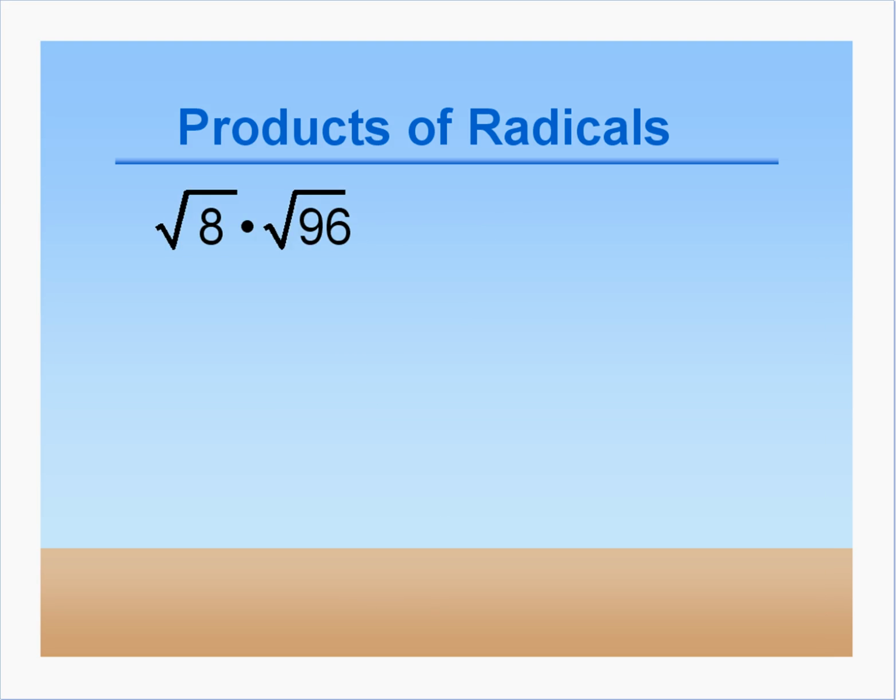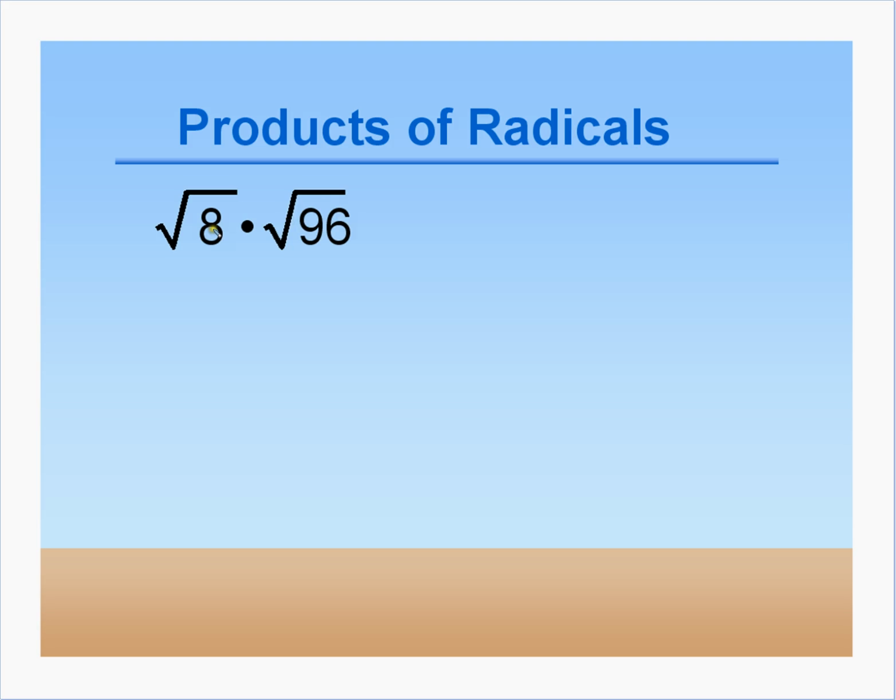So let's look at another example. In this case, let's simplify so we're not working with big numbers. If we multiply 8 times 96, we're going to have this large number, and then we're going to try to simplify it from there. So let's simplify each of these first. And hopefully we're getting better and better at these.